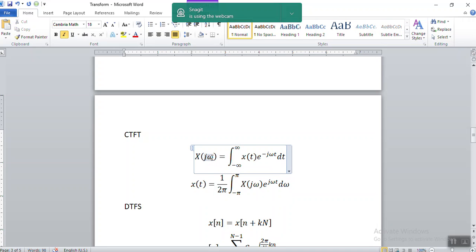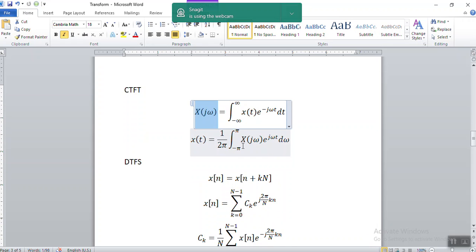This omega is your frequency, and j represents that it is a complex quantity. Now, if we multiply both sides with e to the power plus j omega t and integrate over minus pi to pi, because once it is a frequency it goes from minus infinity to infinity, sorry, it will be minus infinity to infinity.